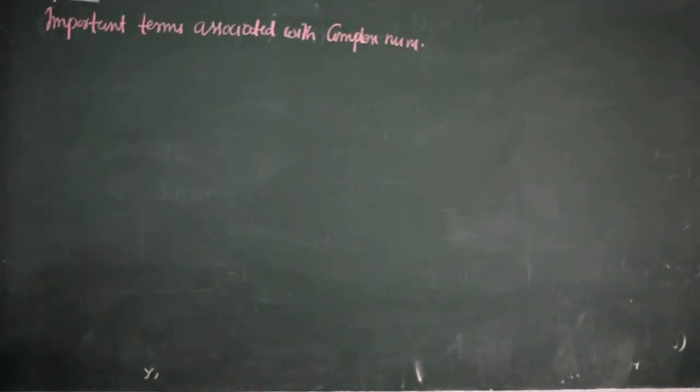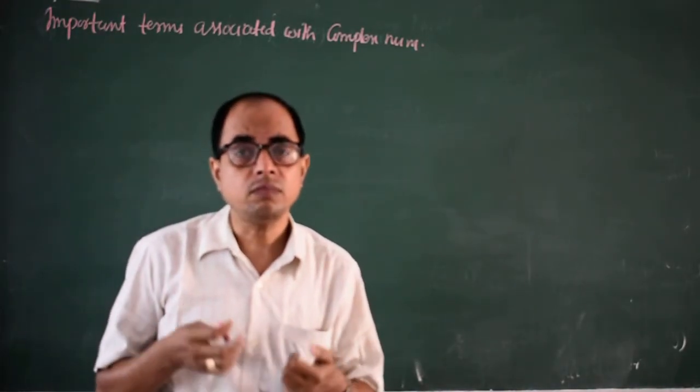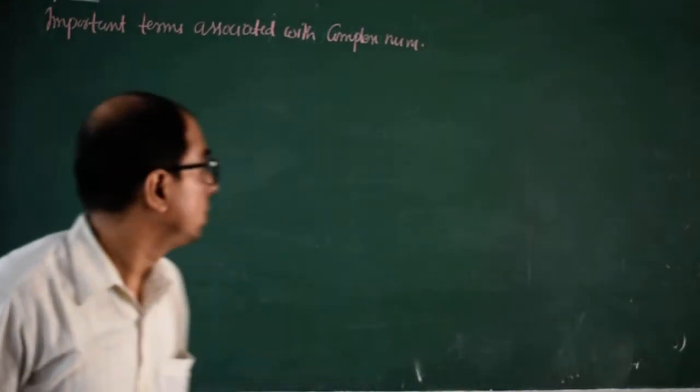So any complex number is associated with three terms: conjugate, modulus and argument.